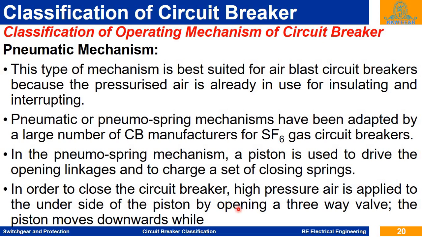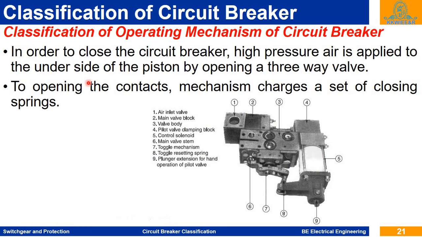In order to close the circuit breaker, high pressure air is applied to the underside of the piston. By opening a three-way valve, the piston moves downward. So while opening, this piston will move in the downward direction, and for that the control valve is used. In this figure you can see this is a cylinder, and this end of the cylinder or piston is connected with the mechanical linkages, a plunger extension for hand operation, or to the spring mechanism.